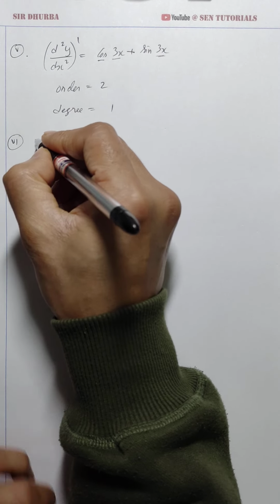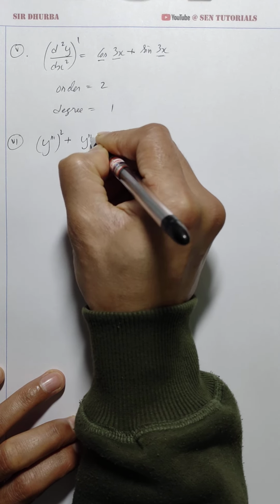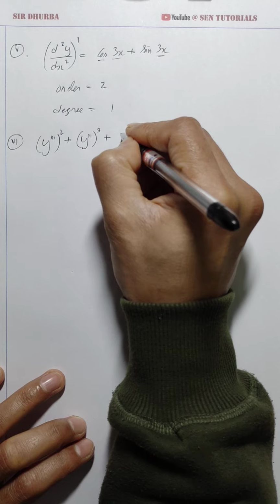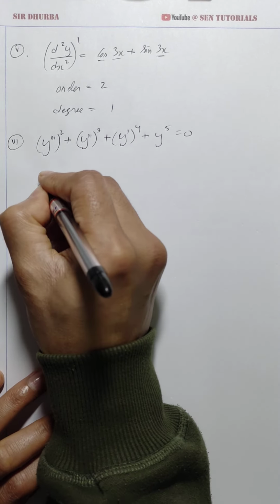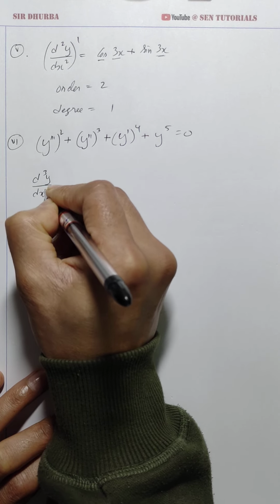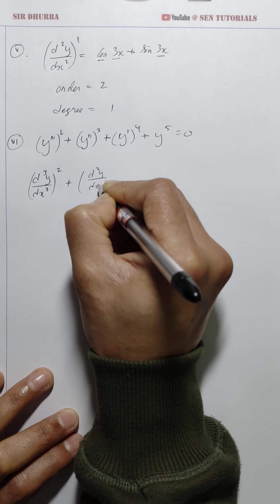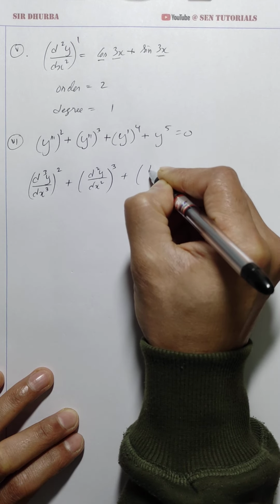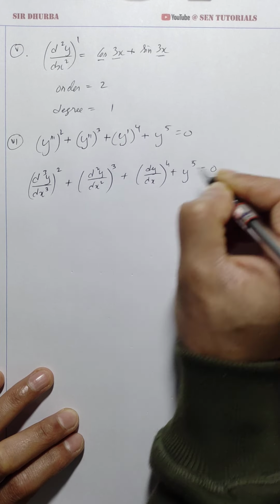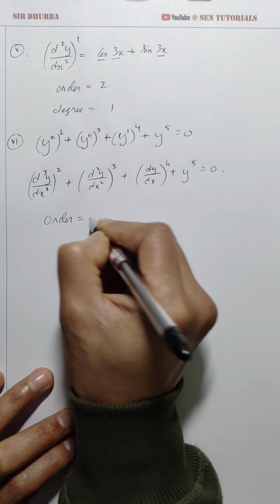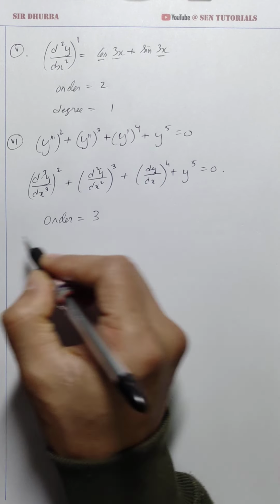Number 6, y triple dash square plus y double dash cube plus y dash 4 plus y 5 equal to 0. Order, the highest number of times differentiation has been applied: here once, here 2 times, here 3 times, so order is 3.